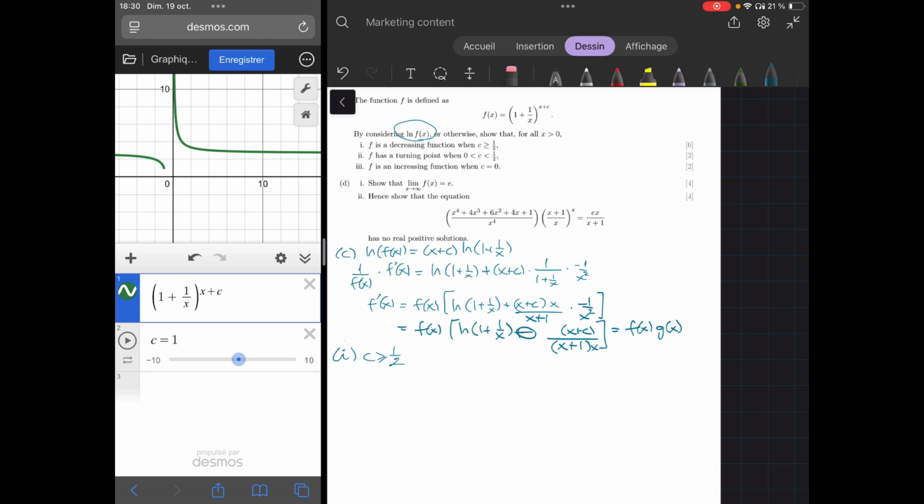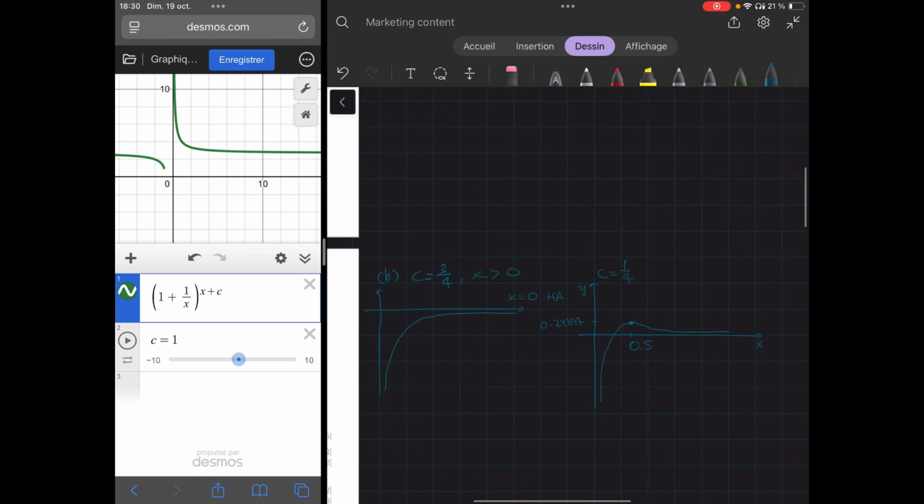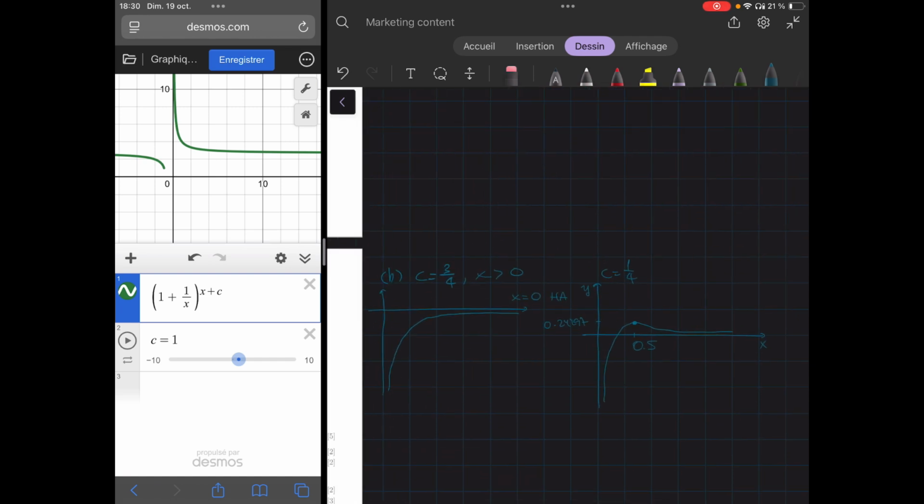What happens when c is greater or equal to a half? We get a curve that is similar to this guy. And as we can see, the graph of y equal to g of x is strictly negative.